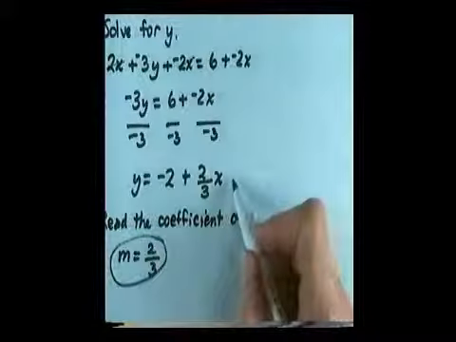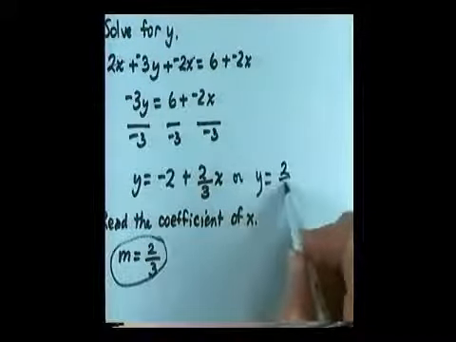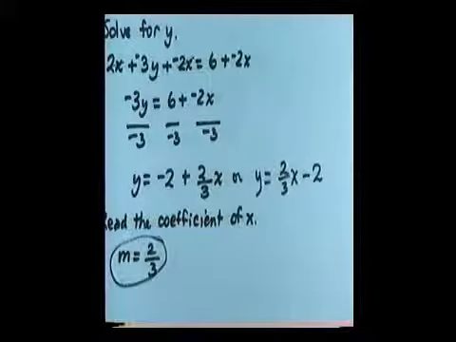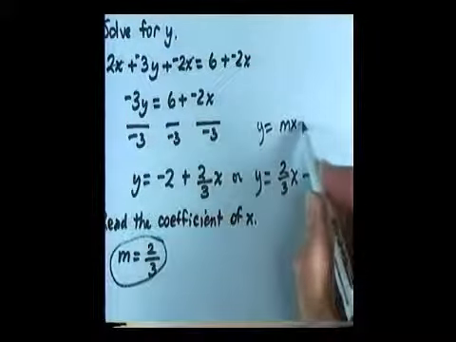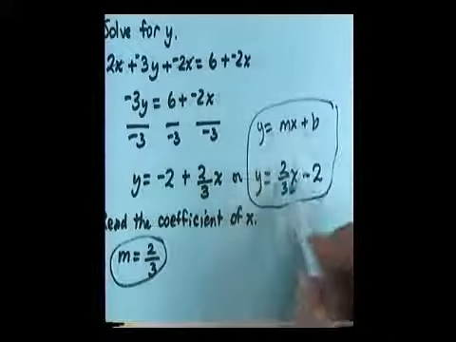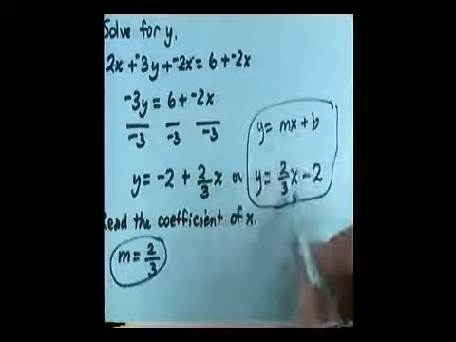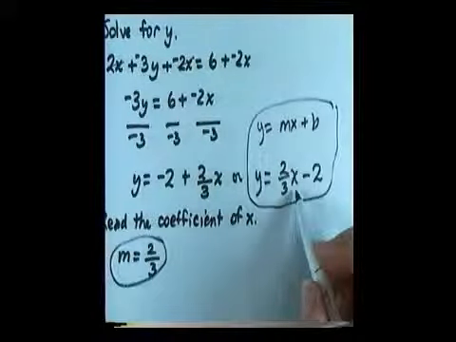And so this form may be written as y is equal to 2/3 x subtract 2, or 2/3 x plus negative 2. This is the form y equals mx plus b, so that the m comes immediately to the right of the equals mark, since the x term is the first term mentioned to the right of the equals mark.